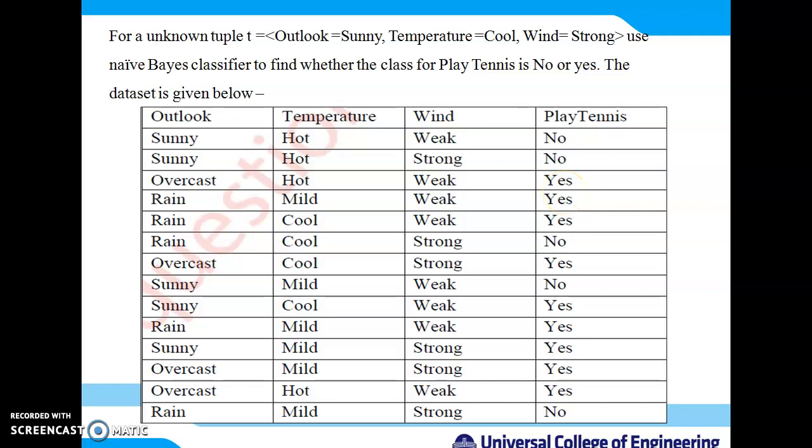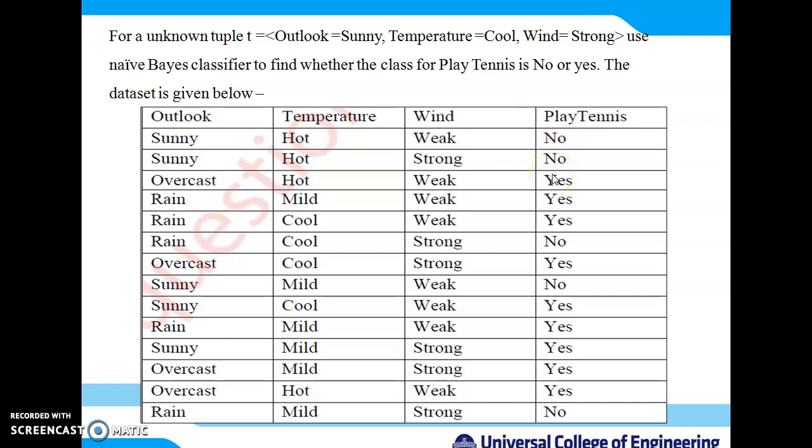So count the number of tuples in this dataset. There are a total of 14 rows, out of which 5 rows belong to the class no and 9 rows belong to the class yes. I have already explained this in the previous video.